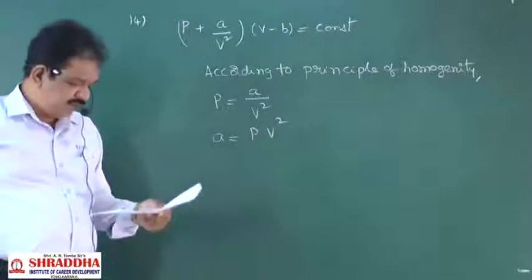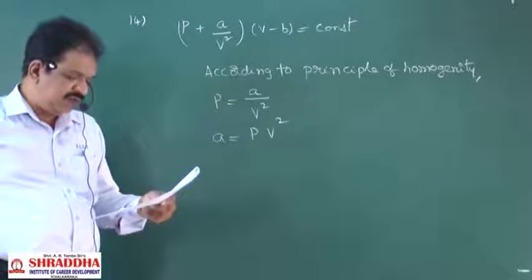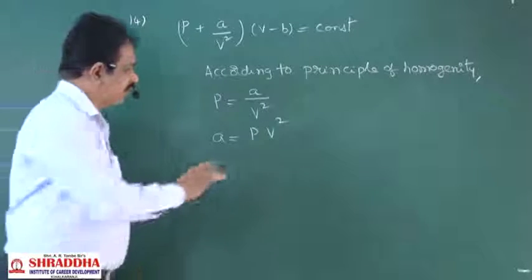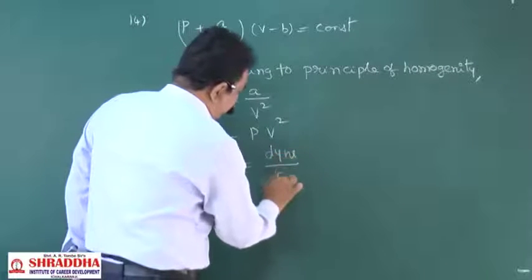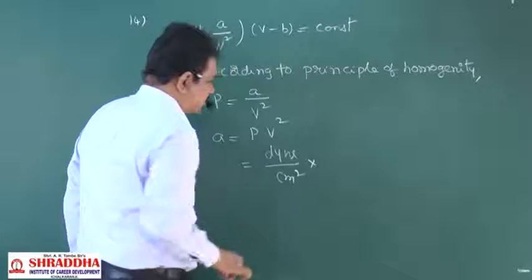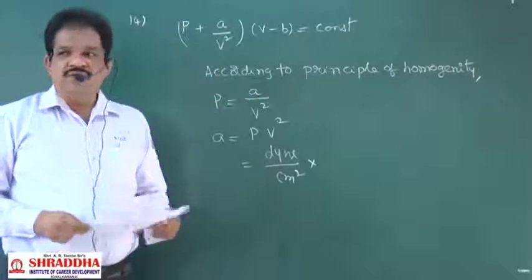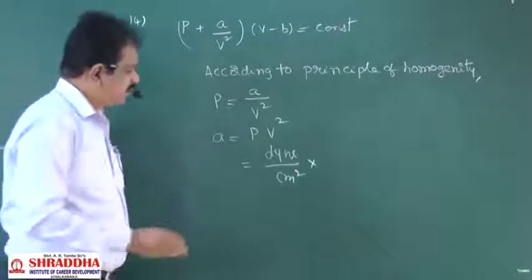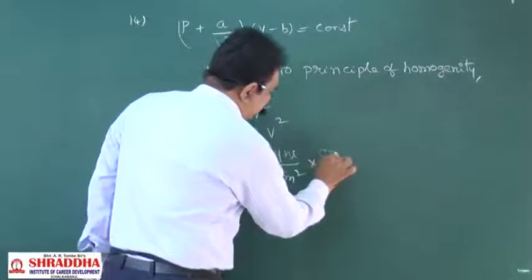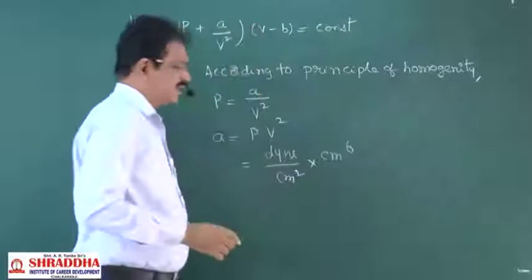Understanding? So here they gave CGS units. Pressure CGS unit will be dyne per centimeter square. Volume unit will be centimeter cube. V square means centimeter power 6.